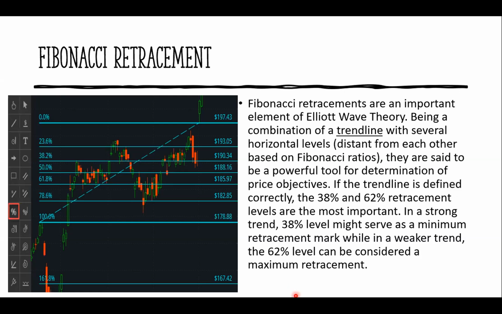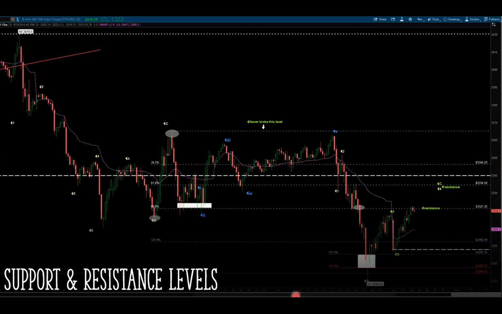Okay, so I will show you an example of what I was working on. This is from Sunday. I was using the retracement to determine where the market was going.